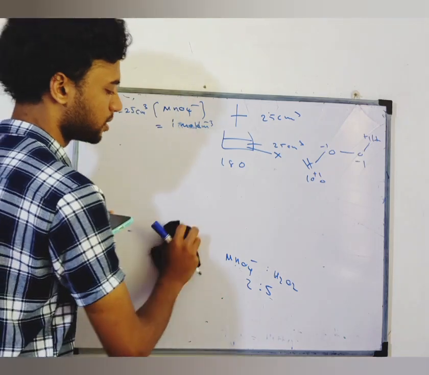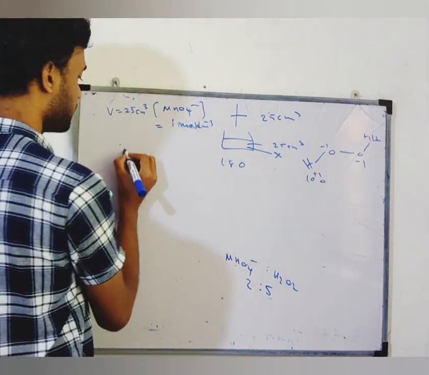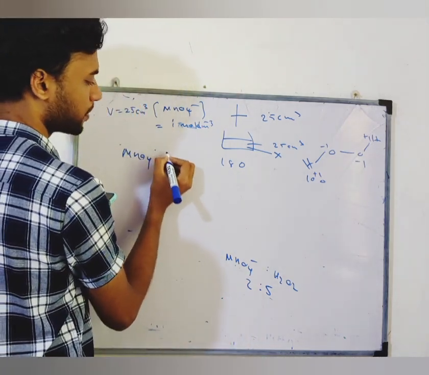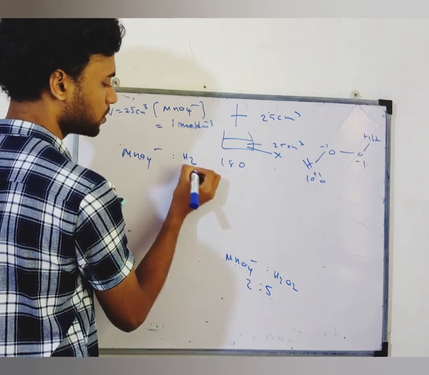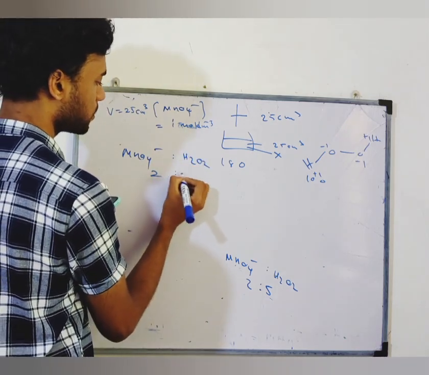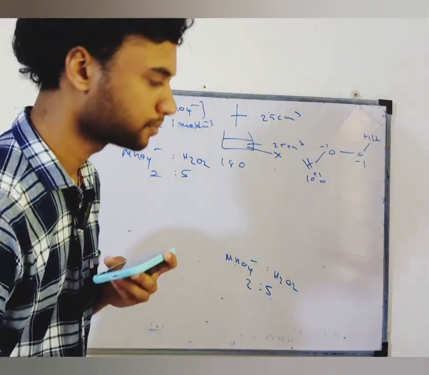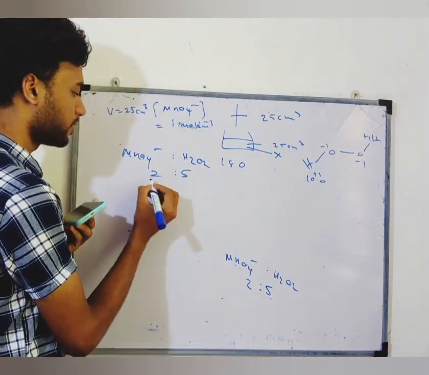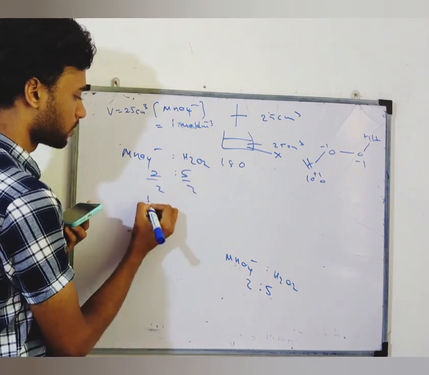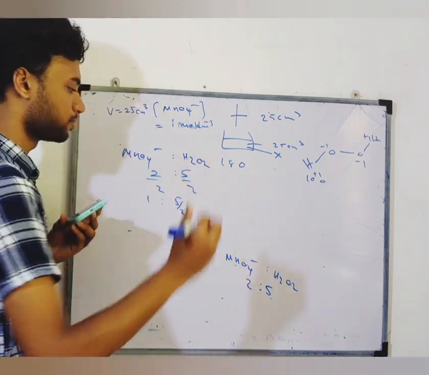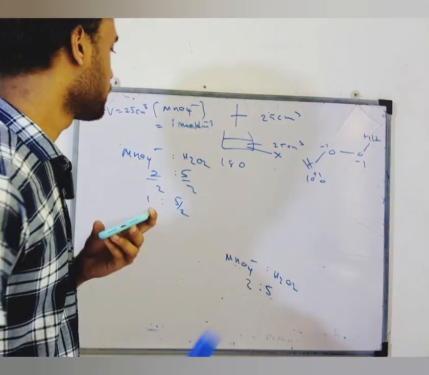So we can say MnO4⁻ is to H2O2 as 2:5, right? Okay. So if I have 1 here, you can divide this by 2, no? I get 1:5/2.